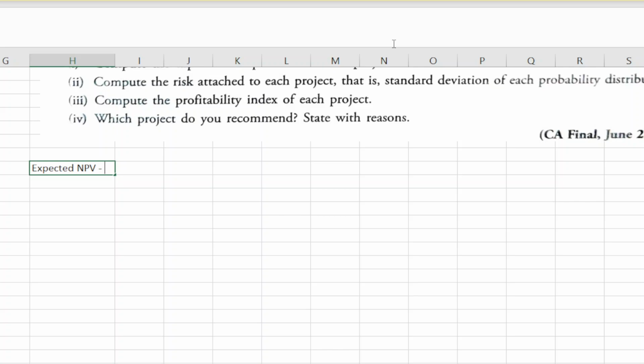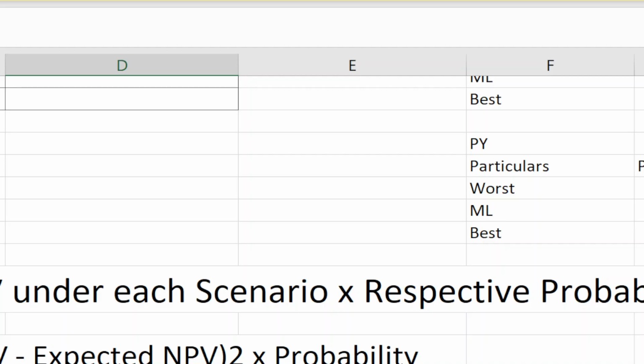I will just bring that formula so that it will be easy for us. In the previous problem, whichever I have solved, I have the formula. Let me bring that formula so that my work will become easy. Yeah, this is the expected NPV formula.